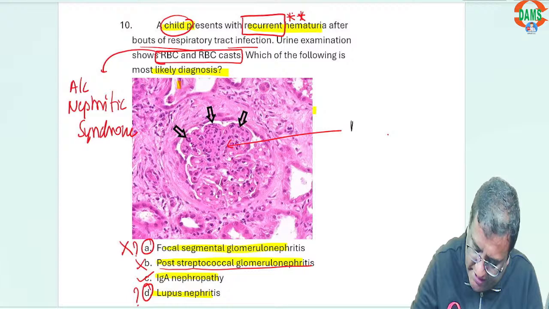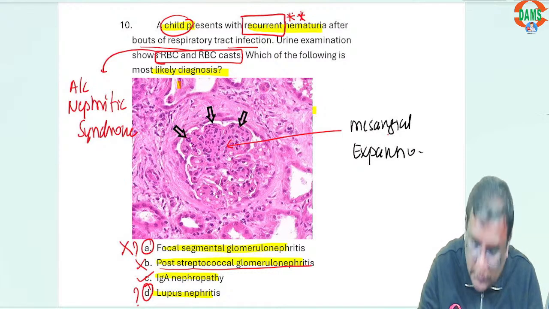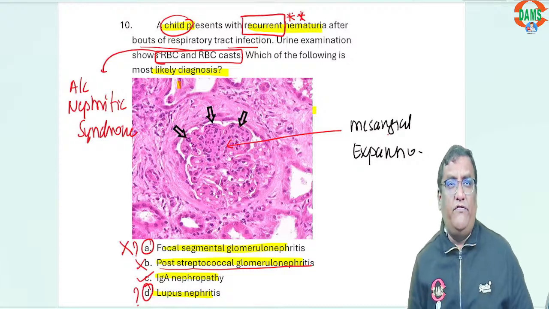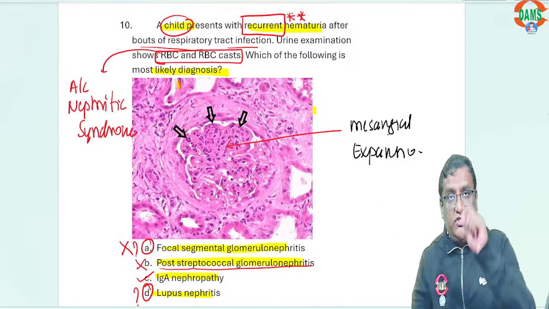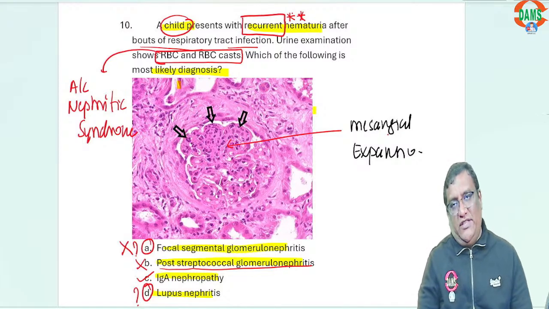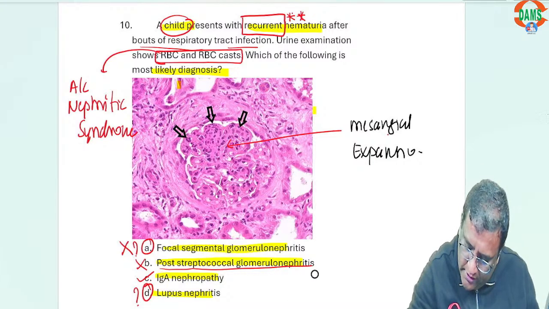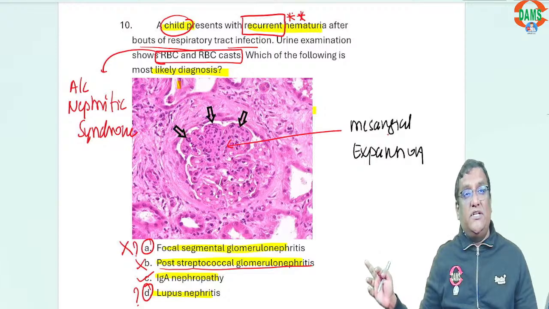Mesangial expansion is happening, and PSGN also appears very similar. Only difference will be there will be more luminal cells, there will be endocapillary proliferation, there will be multiple lumens within them. So even without that, I would have made a diagnosis of IgA nephropathy because it is recurrent.